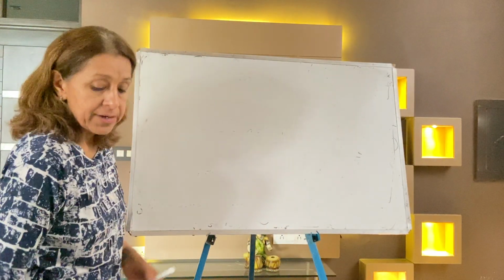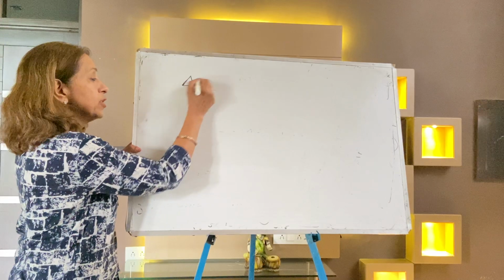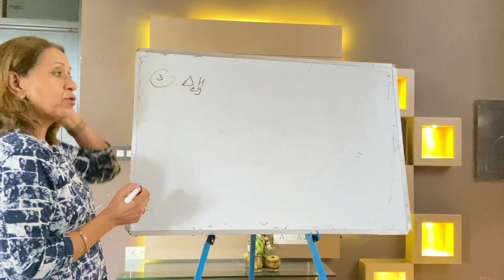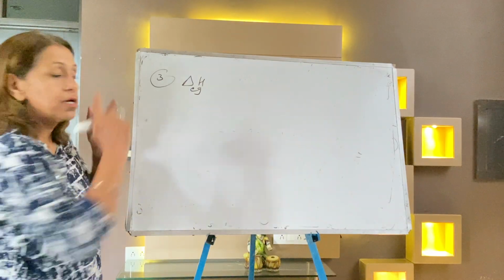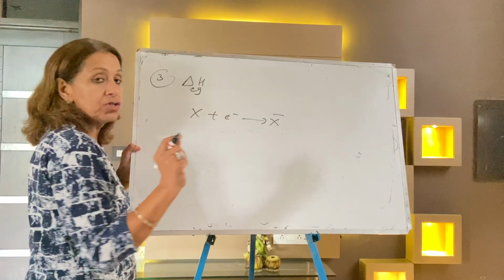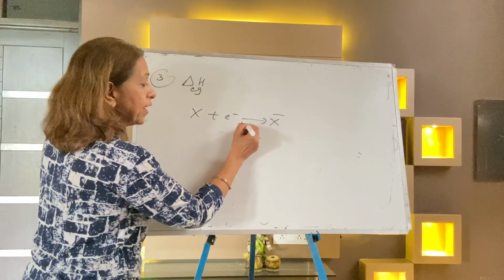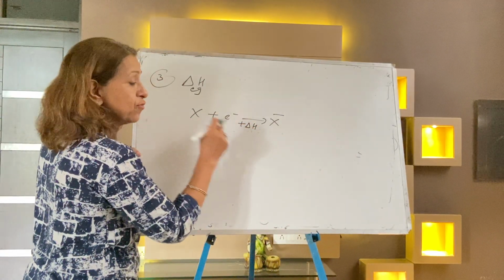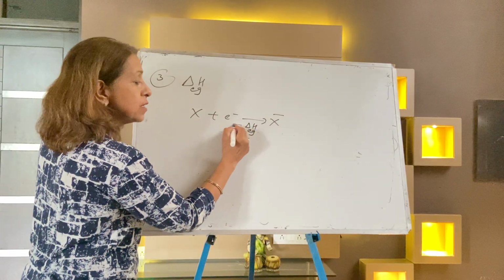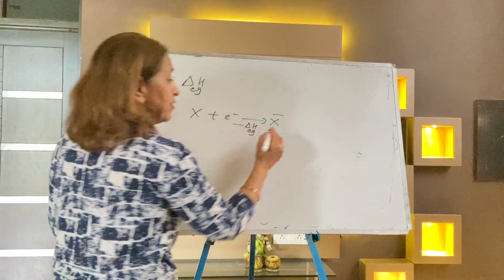Now next is electron gain enthalpy, your third periodic property. Electron gain enthalpy is the energy released when an electron is added to a gaseous atom. Dear children, when you add the first electron to the neutral atom, energy is always released. But the second time, energy is never released.